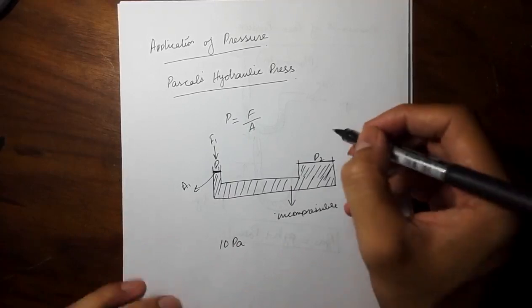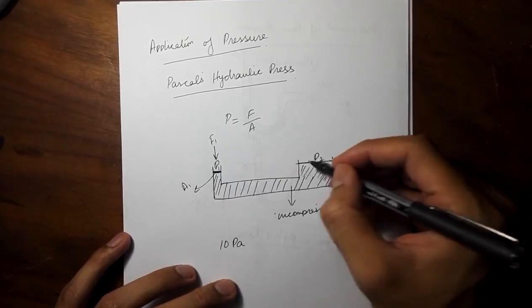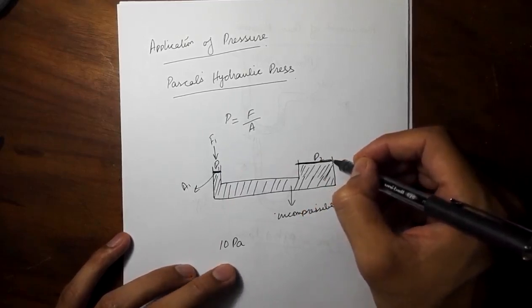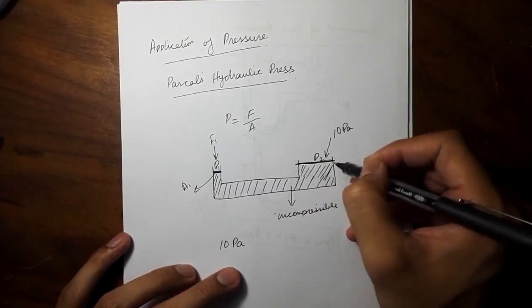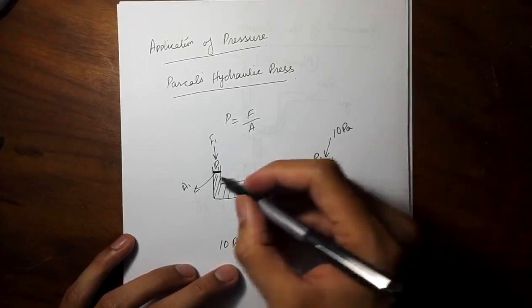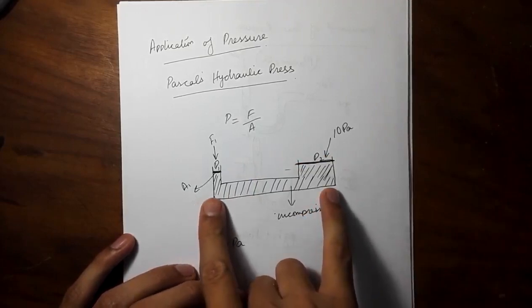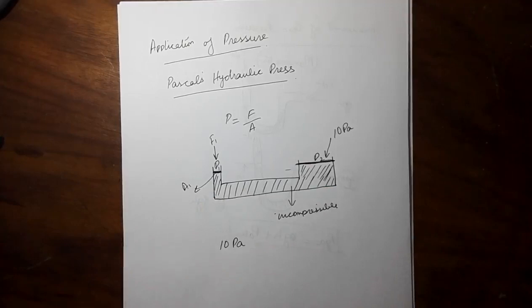Now the pressure over here on piston 1 should be equal to the pressure over here on piston 2. So the pressure over here would be 10 Pascal as well, but here the area of the piston is way more than the area over here. So Pascal's hydraulic press principle says that when pressure is applied on an incompressible liquid, the pressure will remain constant at both ends.